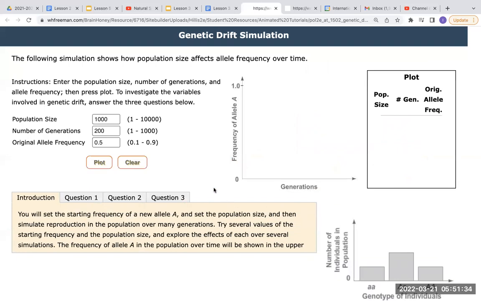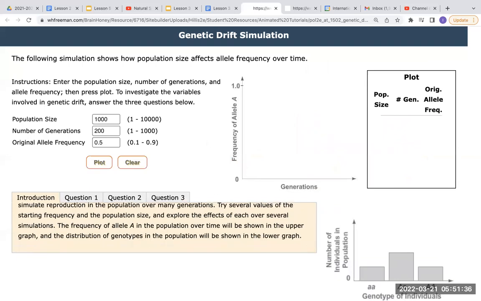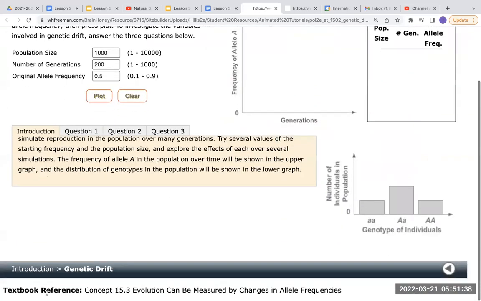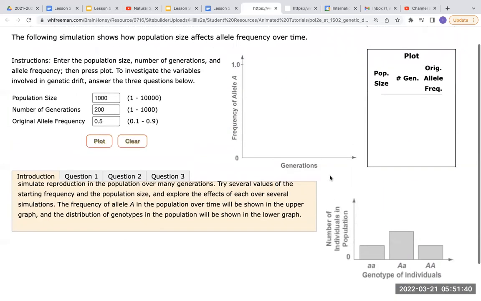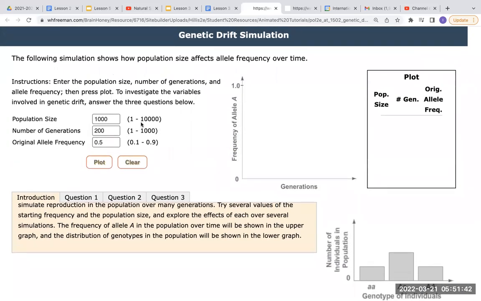So if I click the next button at the bottom, which is right here, it's going to take me to the simulation. In the simulation, I can set my population size, the number of generations that I want the population to breed, and the original allele frequency.